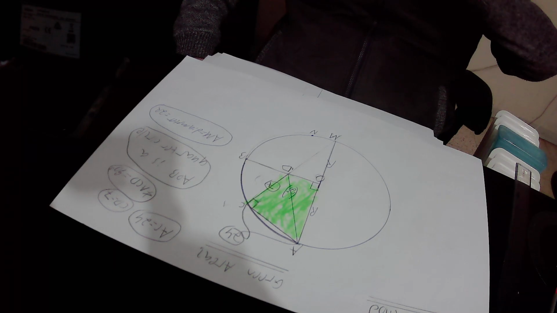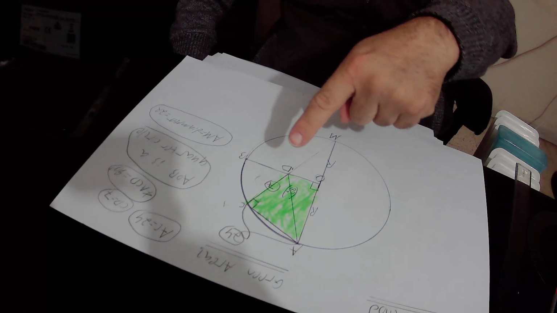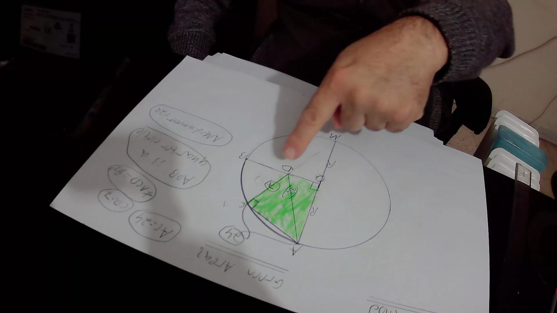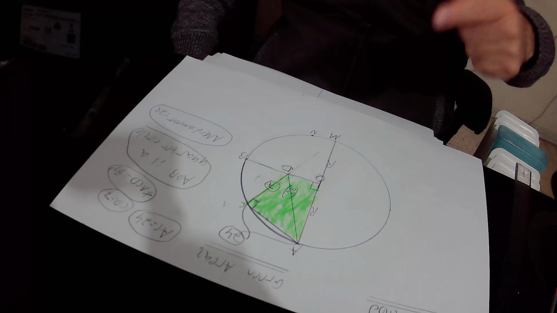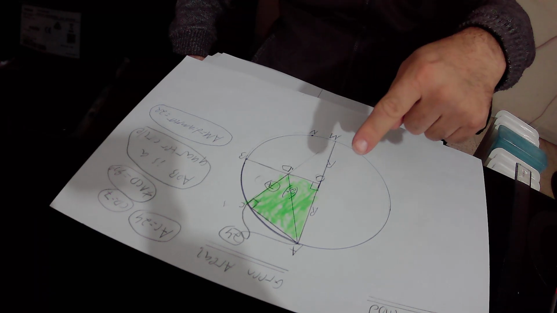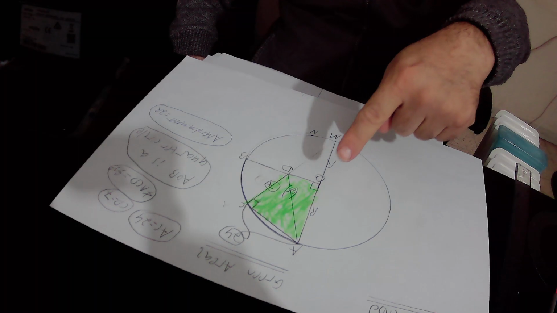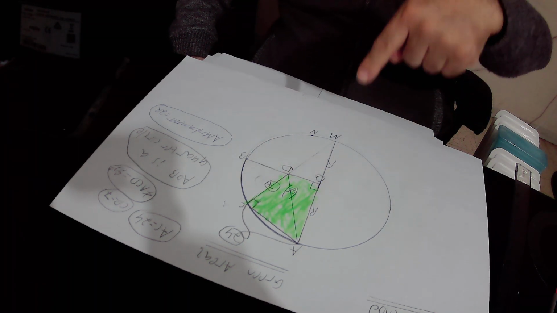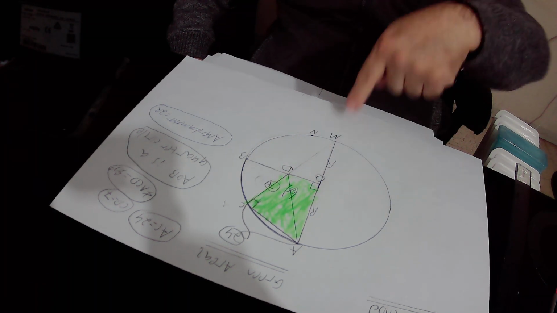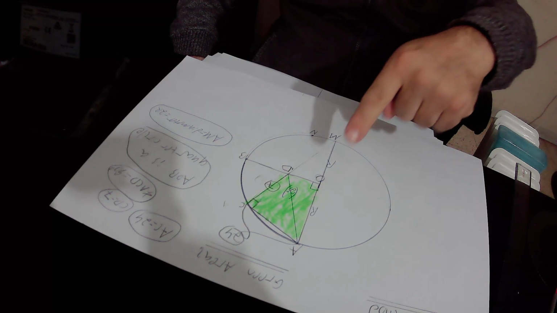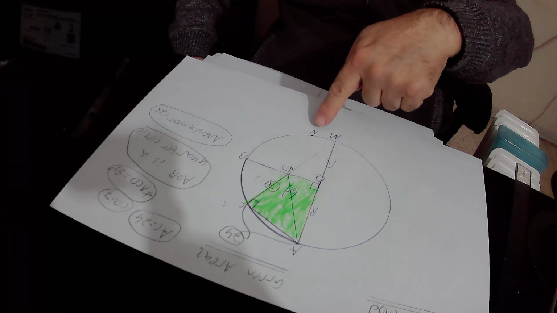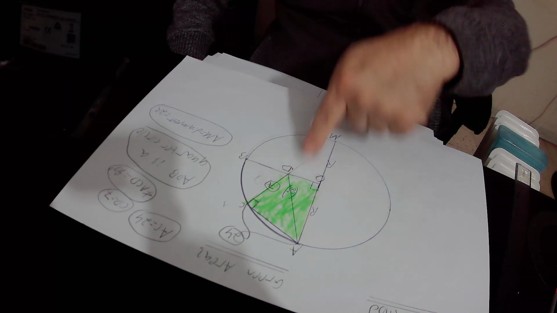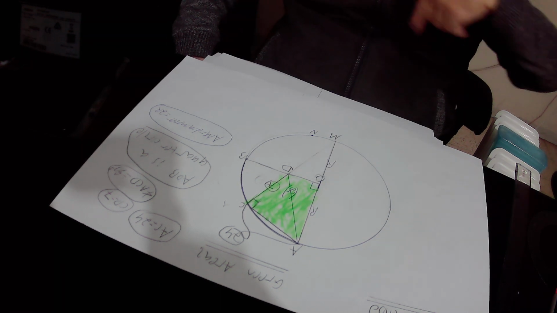But according to our assumption that the extended side CD will touch the circle at point N, it rests on AN, that is not the diameter of the circle.